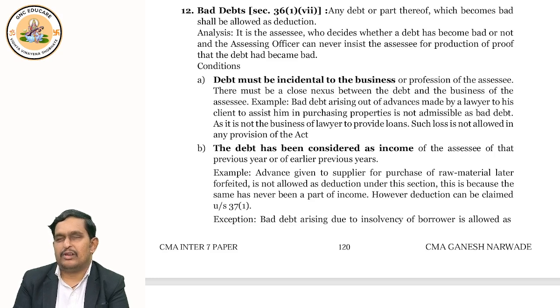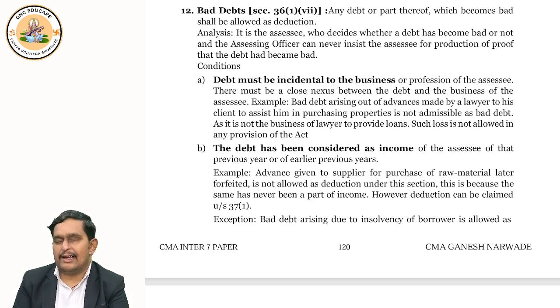For example, suppose a bank gives a loan and the loan is bad, that means the customer did not pay, then definitely the bank will claim it as bad debts, and for a bank it is in the ordinary course of business.